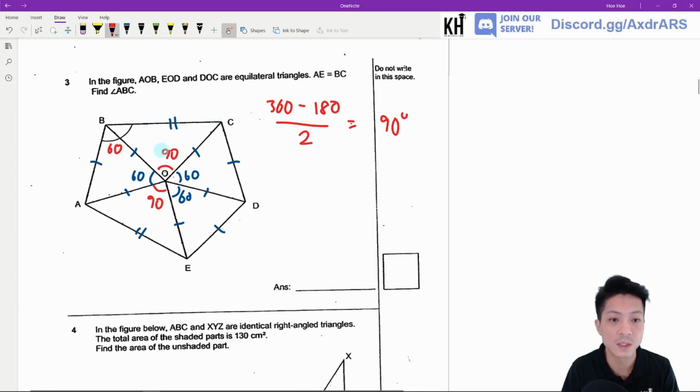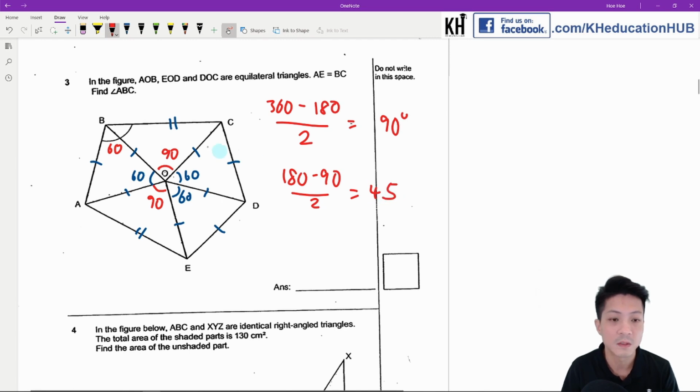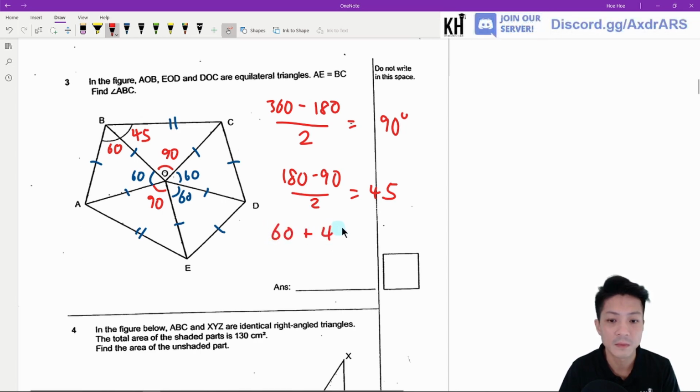BOC is an isosceles triangle, so you just have to use 180 minus 90 and divide by 2, you will get 45. This is 45 degrees, so the total will be 60 plus 45, which is 105 degrees.